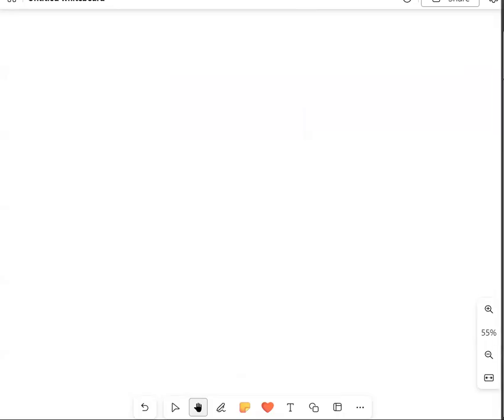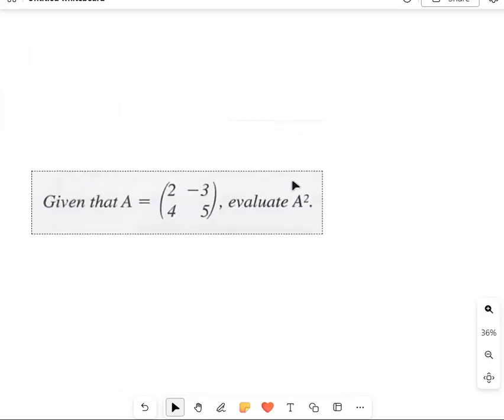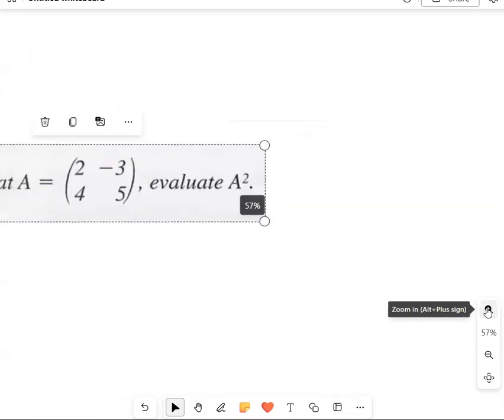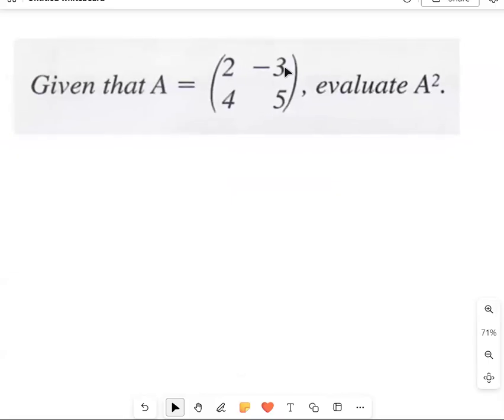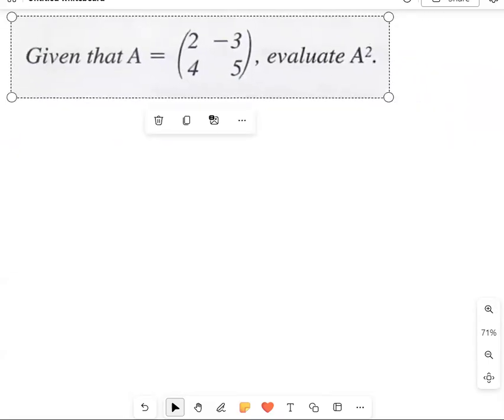So this is a tricky one, so maybe this is something for you to remember. I'm going slow because this is something you have a matrix 2, minus 3, 4, 5.